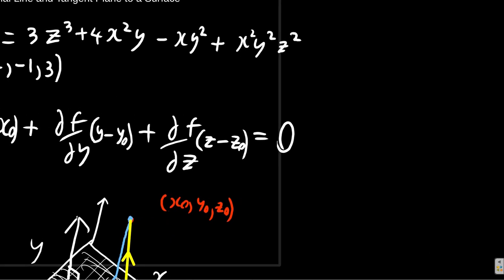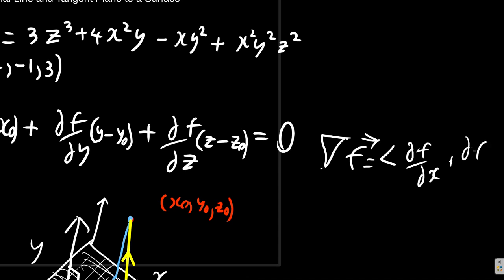Now, the gradient, represented by the upside down triangle, the gradient of f, is going to be delta f by delta x, comma, delta f by delta y, comma, delta f by delta z.